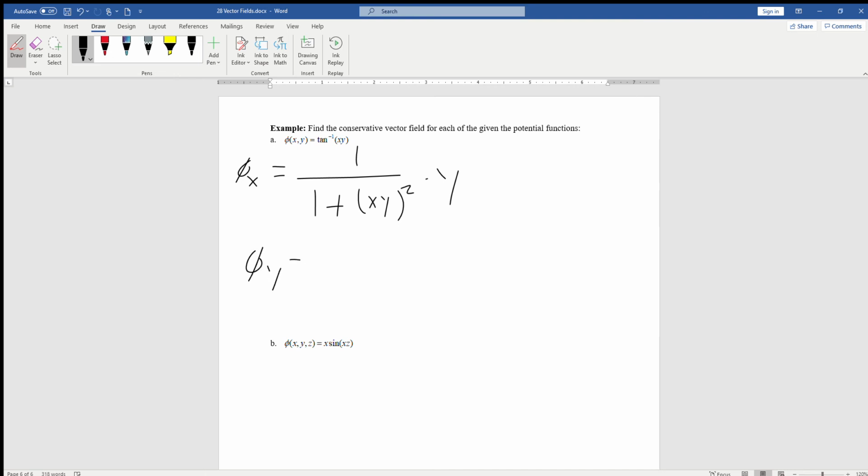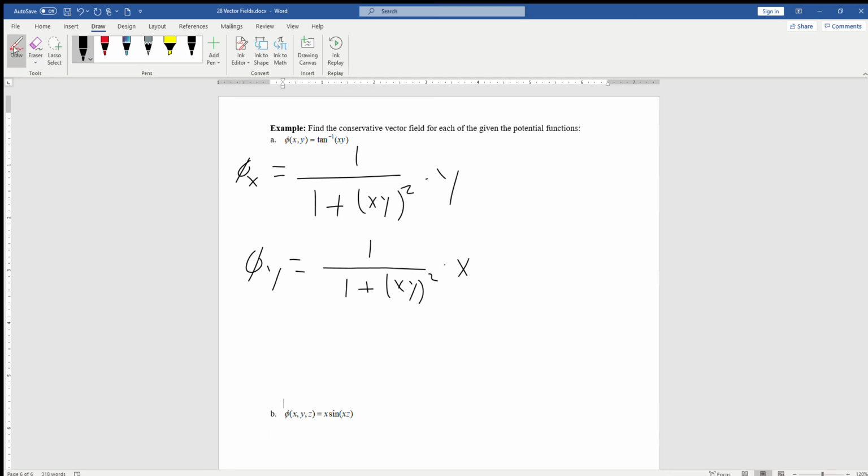Phi of y is going to be the exact same thing, except we're going to multiply by x. Now that we have those two partials, we can very easily figure out what the conservative vector field is.